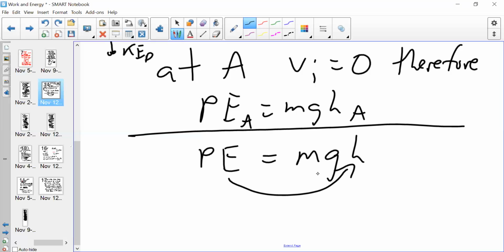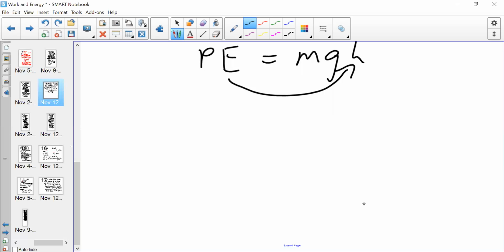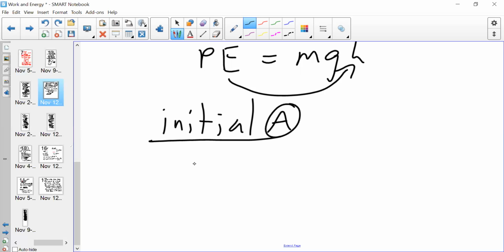But the problem infers, you can infer that it's at rest because it is released from. Sometimes it's not going to be as cookie cutter and say the object's at rest. So in the initial case at A, the initial point, all the energy is potential.